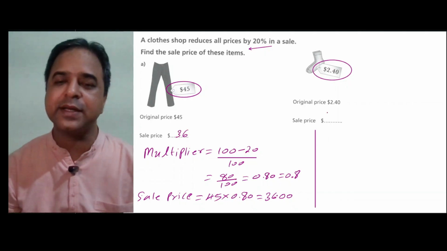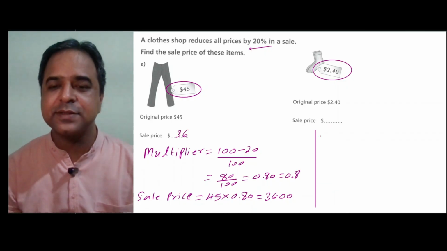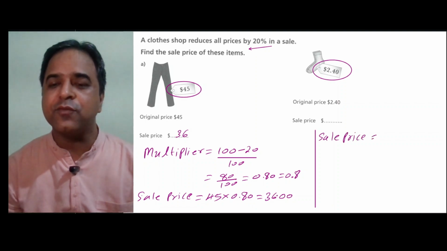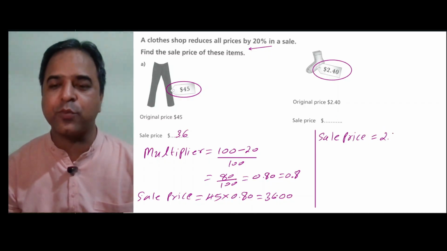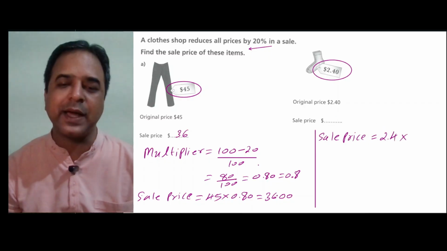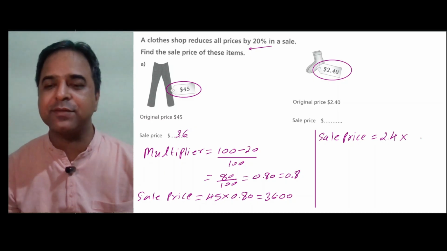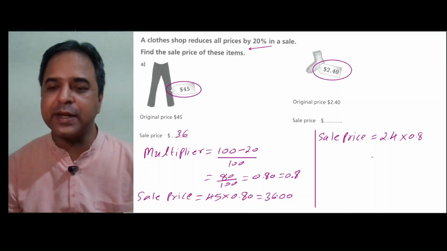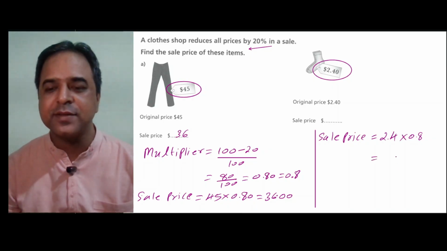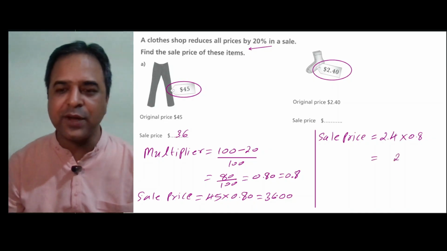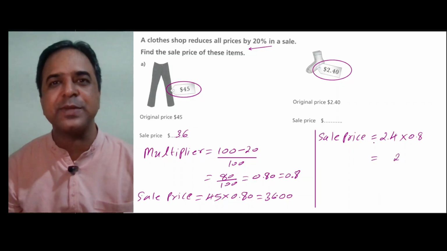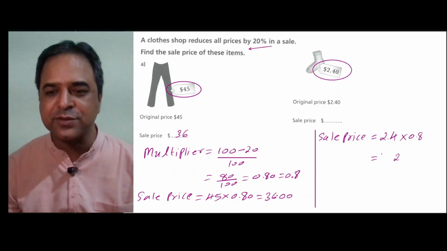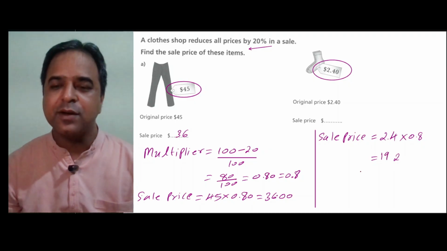So here we can take this example. The sale price would be 2.40. You can say 2.4 as well, multiplied by the multiplier, which is 0.8. Now you will multiply here. 8 4s are 32, 3 will be carried forward. 8 2s are 16 plus 3, 19. So we are getting 192.